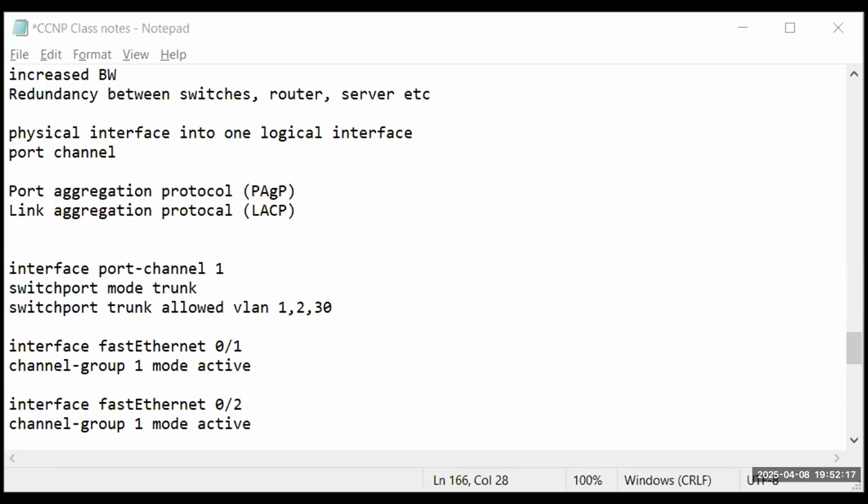Interface range also works. Yes, the range word will come after FastEthernet. You mention the interface type, FastEthernet, and then go for 0/1. You can give a space or no space.